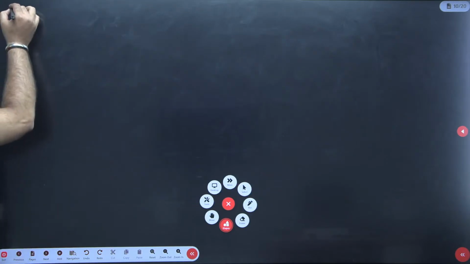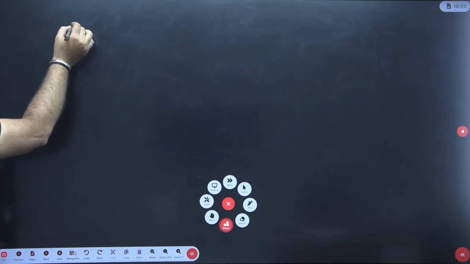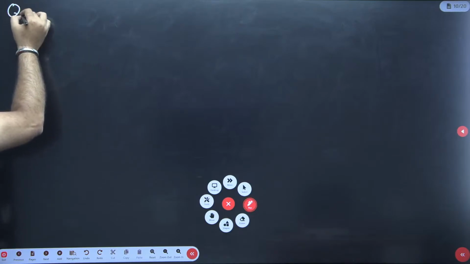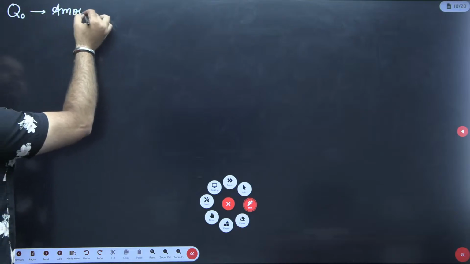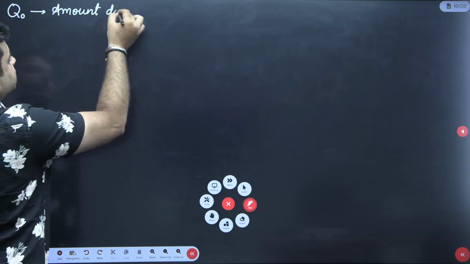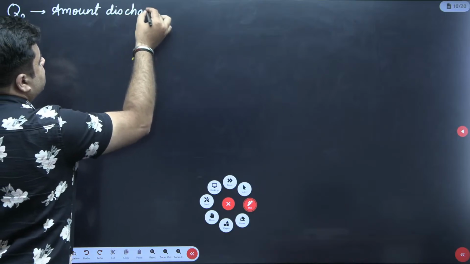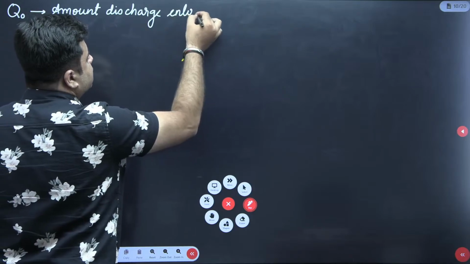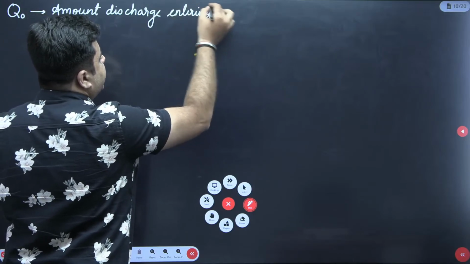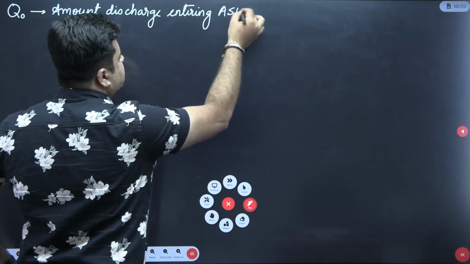Q naught is the amount of discharge entering the activated sludge process.